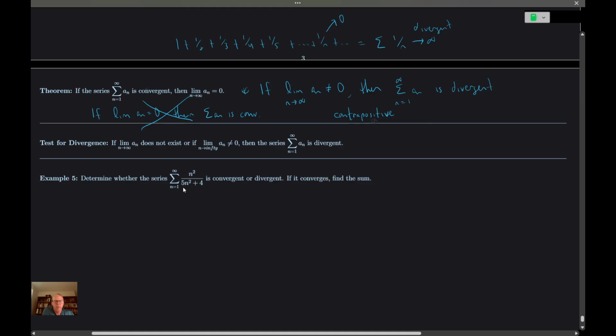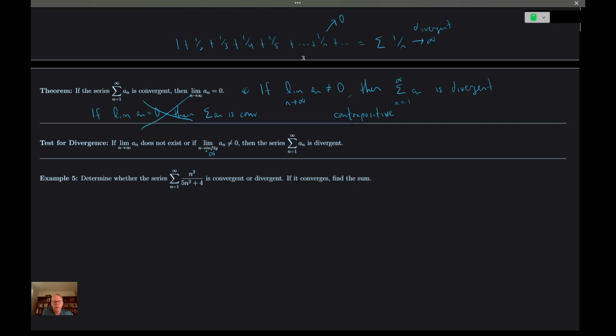All right, so a test for divergence, which is kind of stating this part: if the limit is not 0, then the series is divergent. The limit may not exist, for example 1 minus 2 plus 3 minus 4 plus 5 minus, and so on.